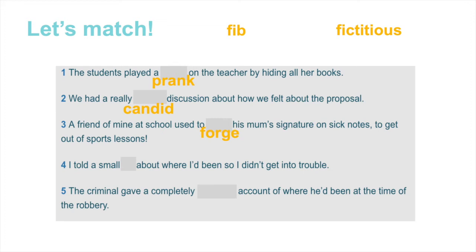I told a small fib about where I'd been so I didn't get into trouble. I'm sure you've done this too. I have done it. A small fib, that's right. And so finally, the criminal gave a completely fictitious, you can also say fake, account of where he'd been at the time of the robbery.